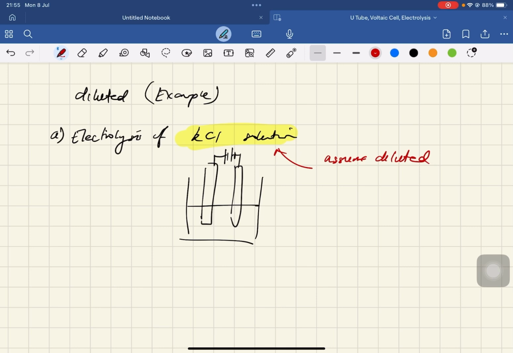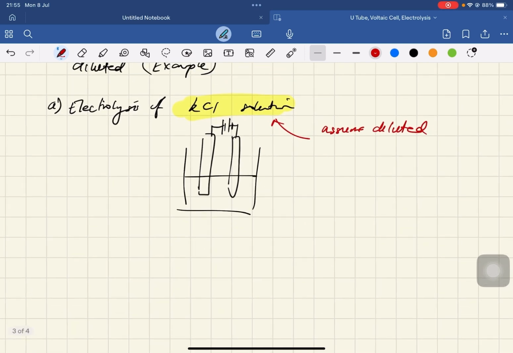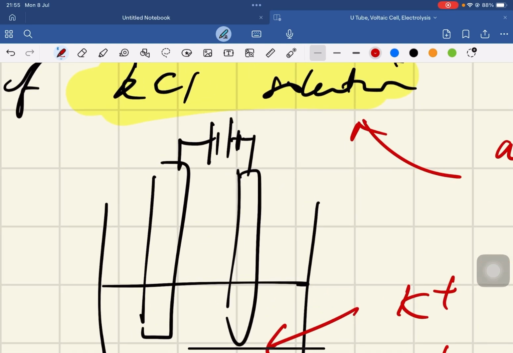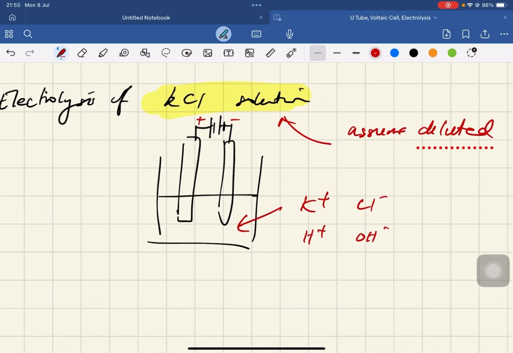As usual, step by step, the solution. Inside we have the ions: K plus, Cl minus, OH minus. I like to put my cations on one side and anions together. Now we have settled the first step, and then you must label. The longer side is positive and the shorter side is negative.